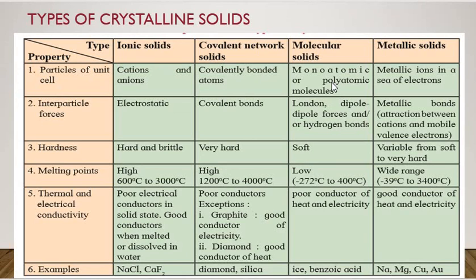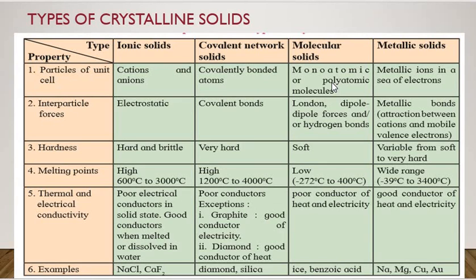Molecular solids. Substances like chlorine, methane, hydrogen, carbon dioxide and oxygen give molecular solids on solidification. The constituent particles of molecular solids are molecules, and the bonds within the molecules are covalent. The molecules are held together by various intermolecular forces of attraction.